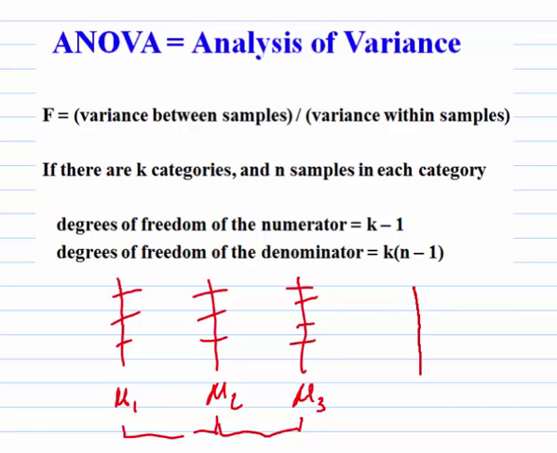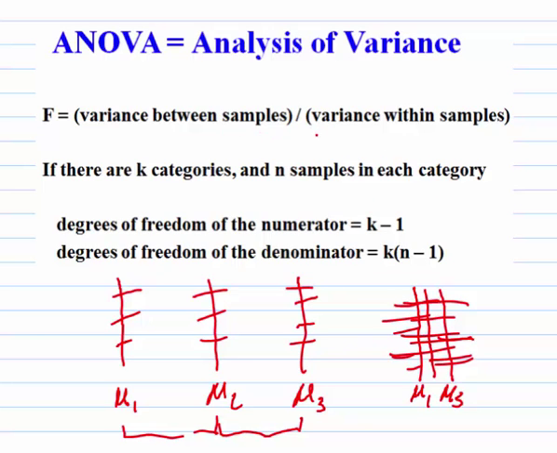But if the population mean 1 was here, and mean 2 was here, and mean 3 was here, and each one had a lot of variation, say this one had variation like this, and this one had variation like that, then the variance between samples is relatively small compared to the variance within samples.